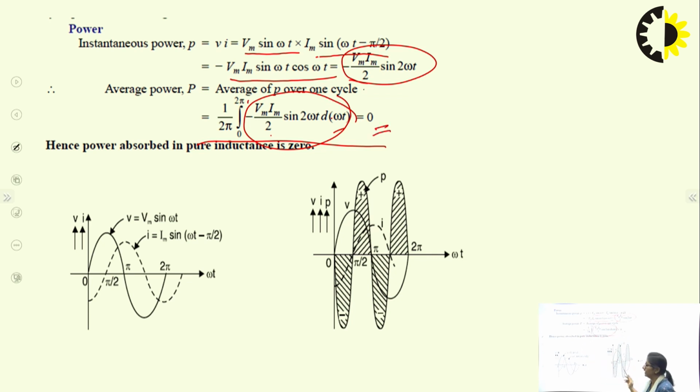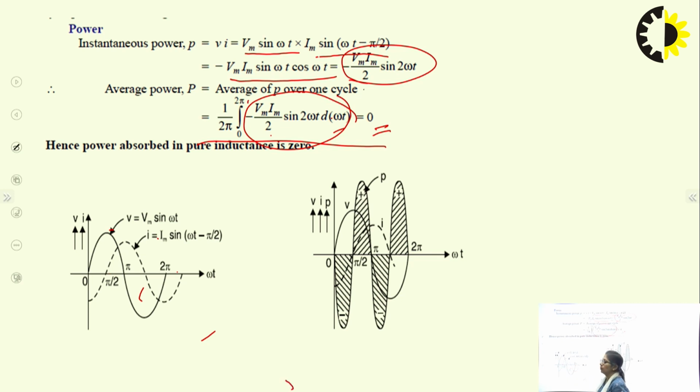If you see here, this is the waveform representing the voltage. Once again, the current lags the voltage by 90 degrees. So the current will start after 90 degrees. It doesn't mean the wave did not exist earlier, but it is lagging the reference by 90 degrees.